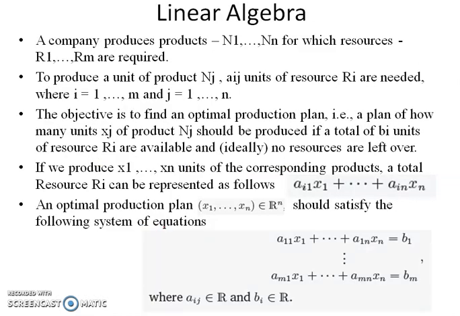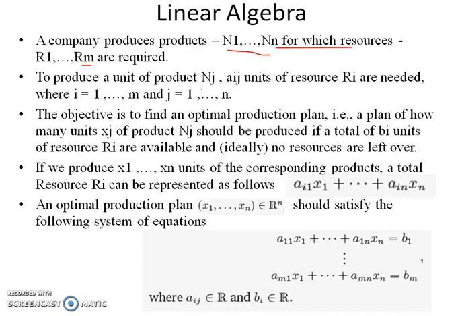We can start with the notation and an example. A company produces products N1 to Nn, for which resources R1 to Rm are required.